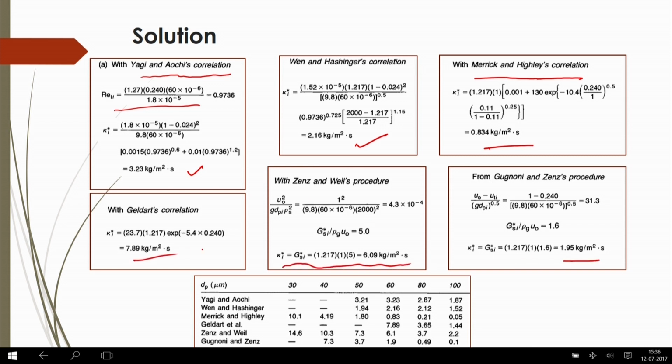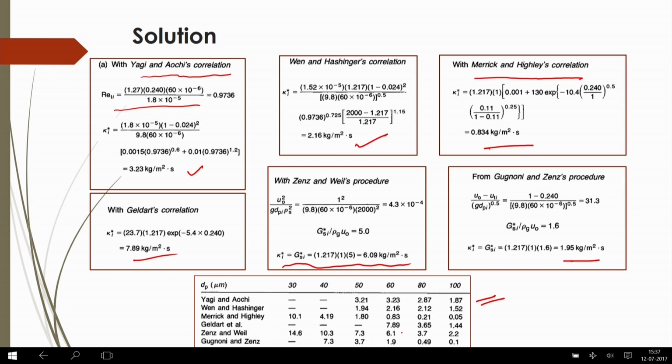As a summary, if you increase the particle diameter, with Yagi and Aochi the elutriation constant will decrease, and for Wen and Hashinger it increases and then decreases. With Merrick and Highley it decreases substantially with respect to particle size.